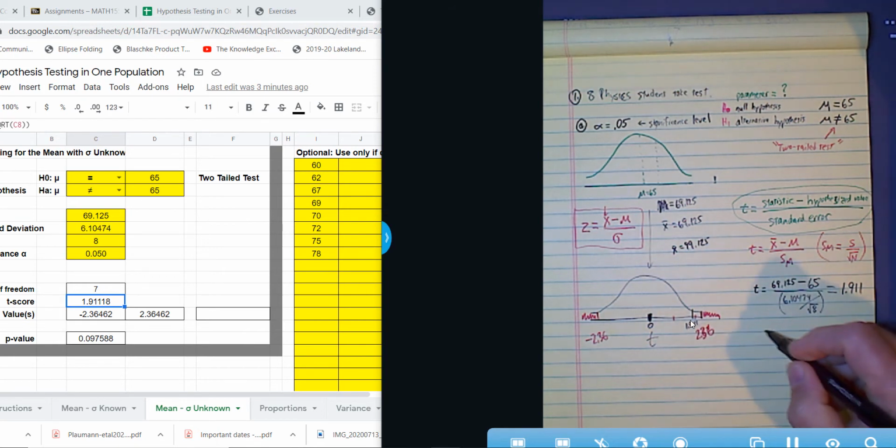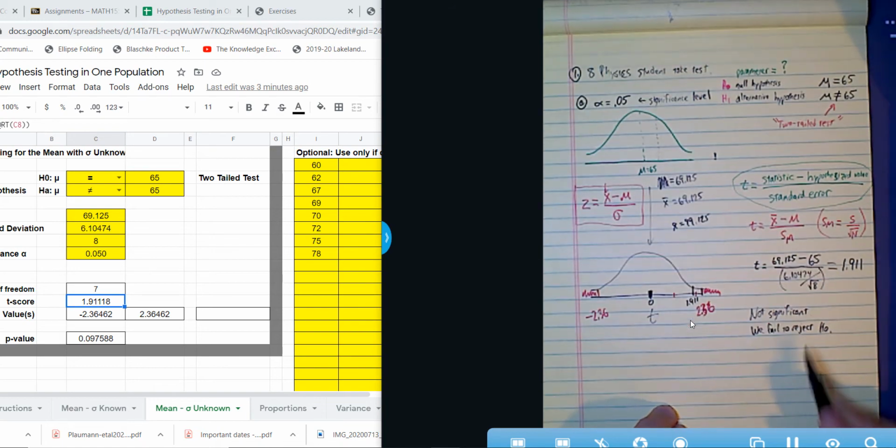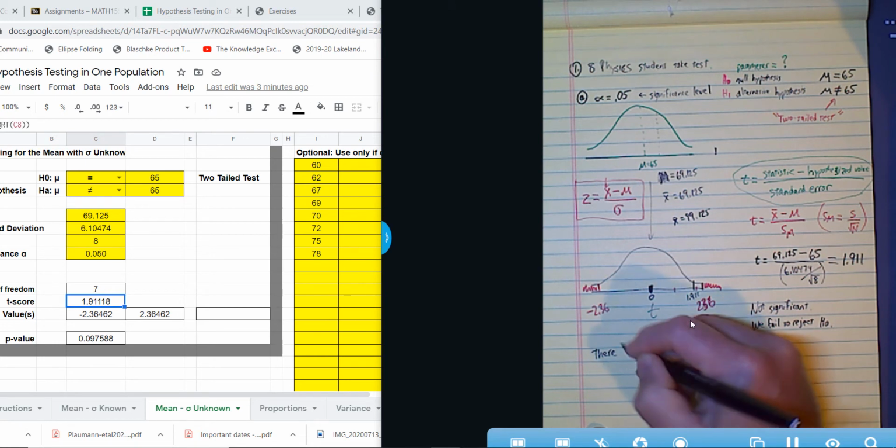So that is my t-score, 1.911. What I would say is this is not significant. It did not fall into the critical region, which means we fail to reject the null hypothesis. And anytime you fail to reject, if you want to write out the conclusion, you need to begin this way.